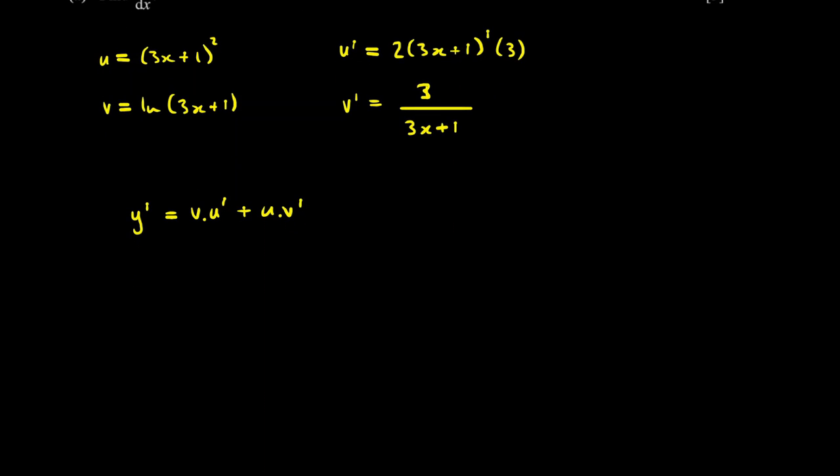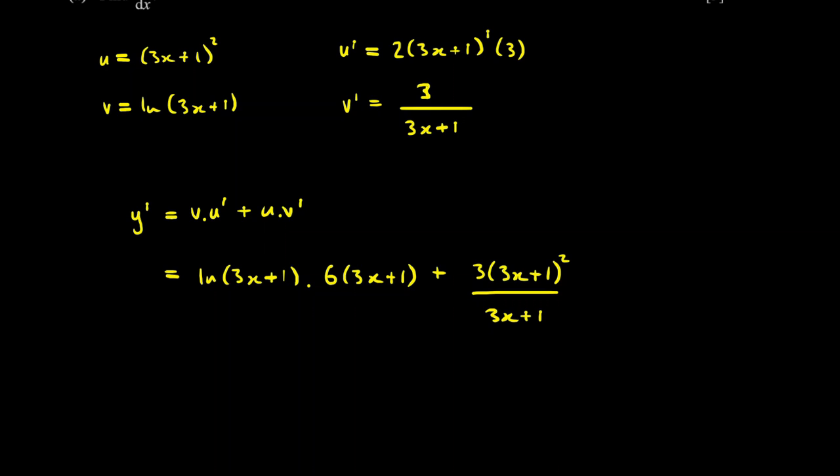And so now I've got to substitute into here, so I'm going to get ln(3x+1) times u prime, which is 6(3x+1), plus u, which is (3x+1) squared, times the 3 upon (3x+1). If I were to rearrange that, I've got 3(3x+1) all squared divided by 3x+1.